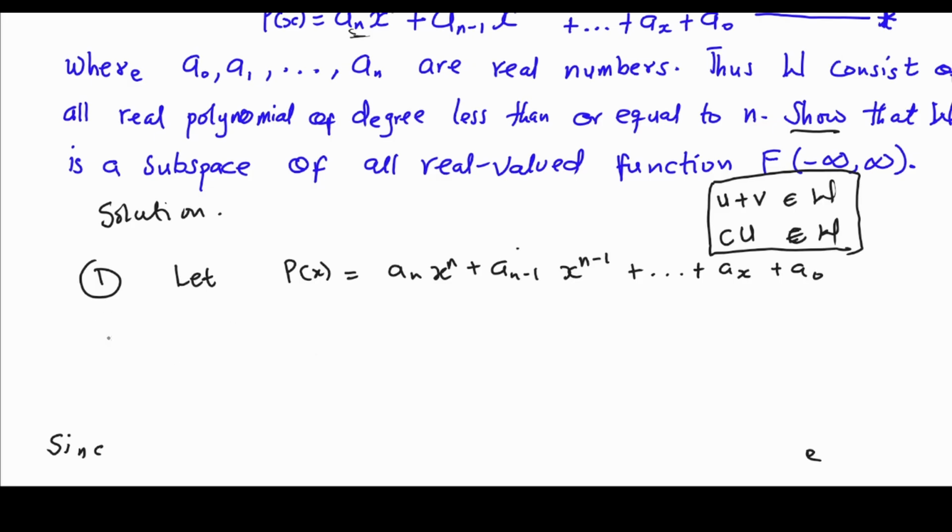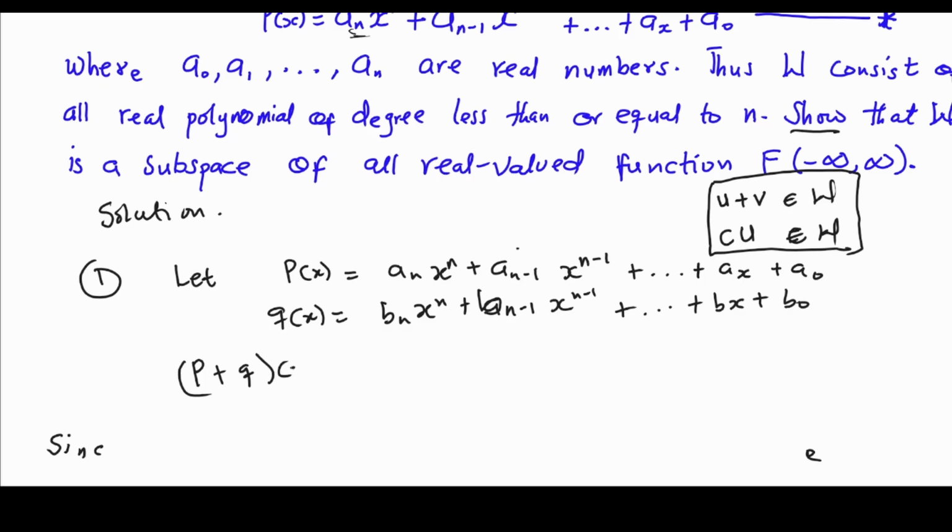And then the second one is that we will let q of x be equal to b_n x^n plus b_(n-1) x^(n-1) plus b_1 x plus b_0. So what we want to do is that we want to prove that the sum will be in W. So we are going to look at the sum. So we have p plus q of x should be equal to p of x plus q of x, right?